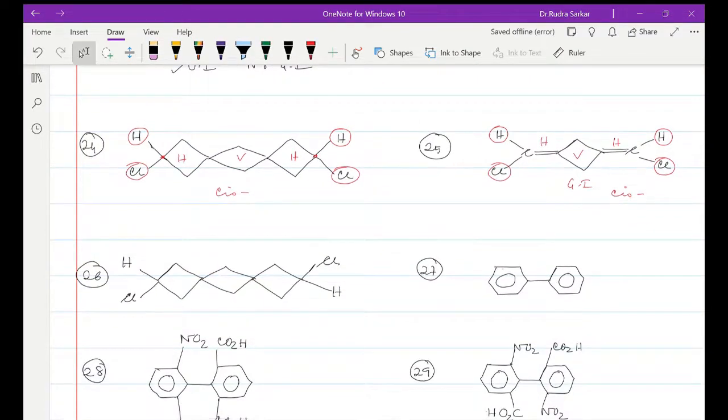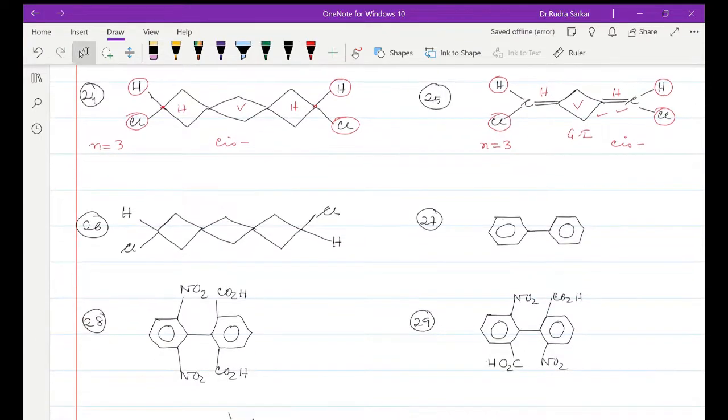You can also say instead of three double bonds we are having three rings. So the n value over here is 3. Whenever n is odd, it should show GI. Instead of having three double bonds, we are having a double bond, then a ring, and then a double bond. So again here also the n value is 3, which is odd. Again we are having horizontal, vertical, horizontal.